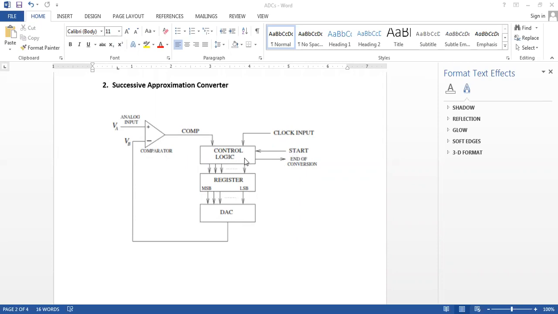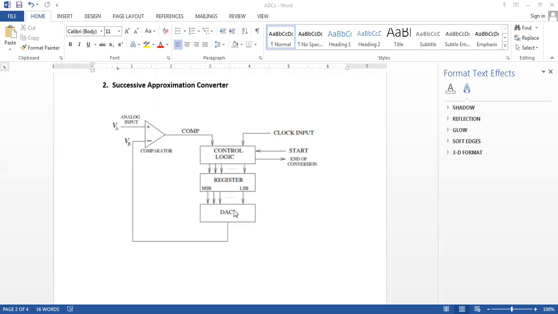The outputs of the control logic are an end of conversion signal and a digital code that is sent to the memory unit or the register. The digital code stored in the register is sent to the DAC for conversion into analog form.